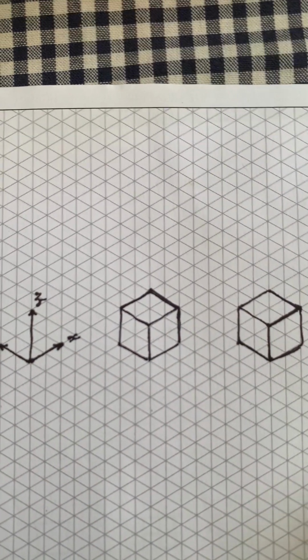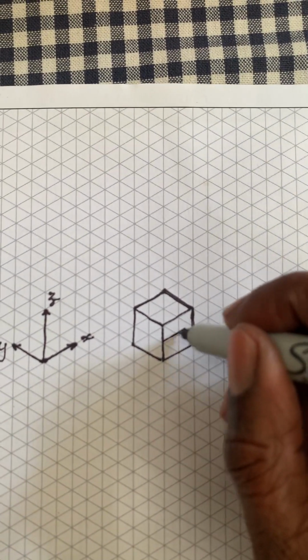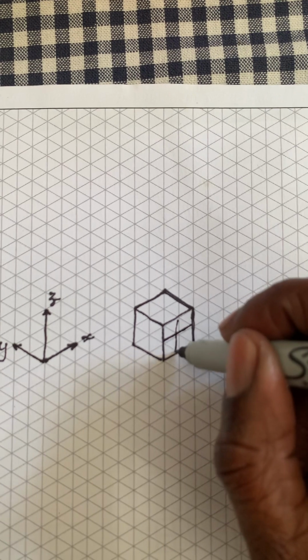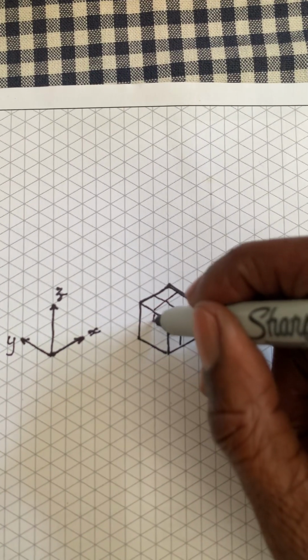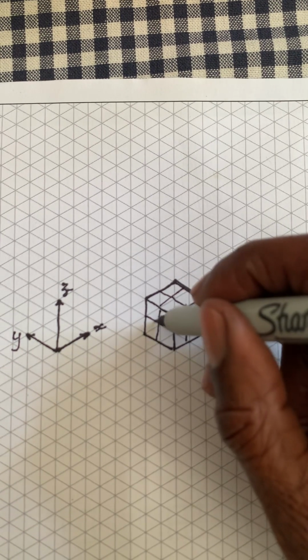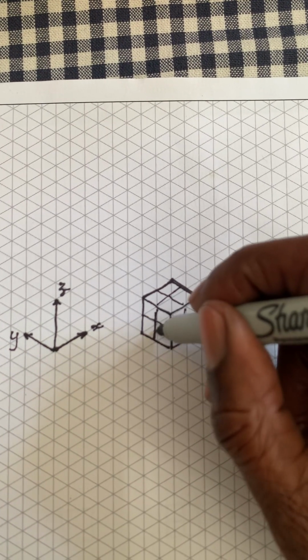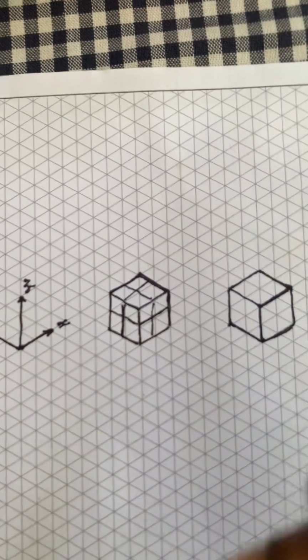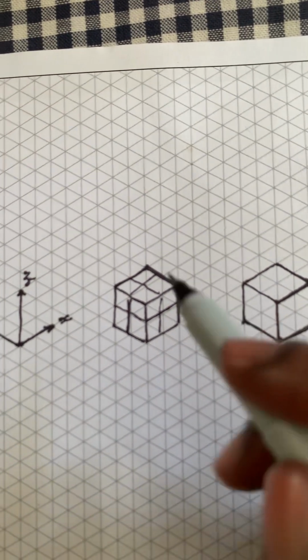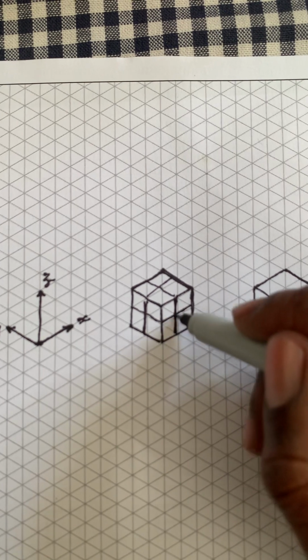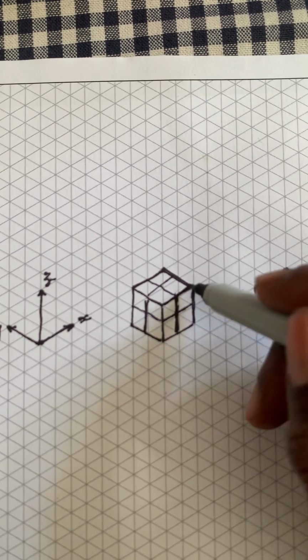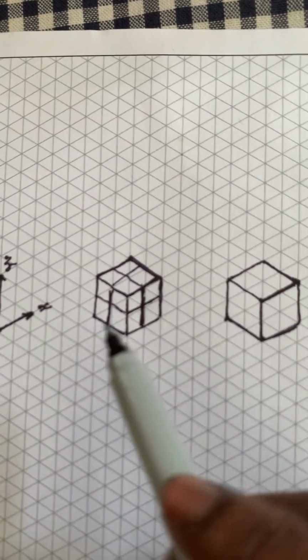So, there we go, and drawing in all these little boxes. And I've done it in pen. Usually you do it in pencil, so that you're really accurate with it. But I wanted to make sure you guys can see it.